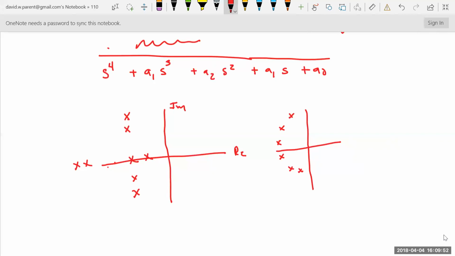Is it critically damped? Well, no, because there's nothing on the real axis. Is it underdamped? Well, everything is complex. So you could say it's critically damped, but I wouldn't.